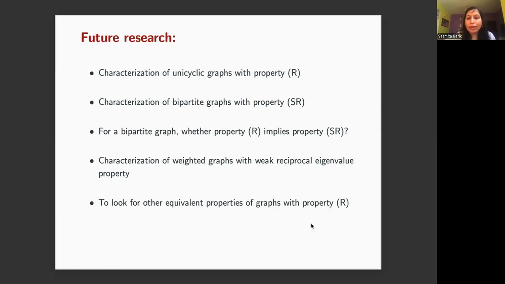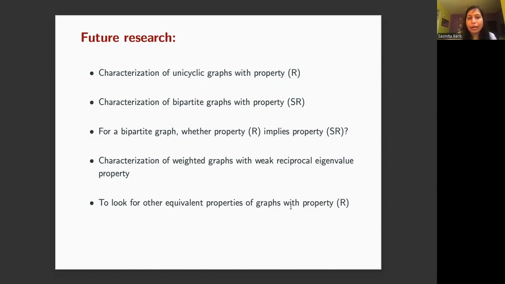Similarly, in the tree case, if the graph is satisfying property R, there are other properties we know, like the number of alternating paths is exactly 2k minus 1 that I told, and its inverse is isomorphic to itself. Those things are known for the tree case. But for the graph case, if a graph is satisfying property R, then we only know that the eigenvalues will satisfy that property.